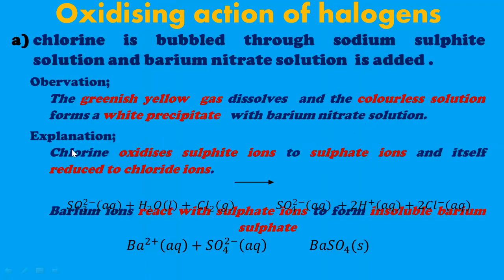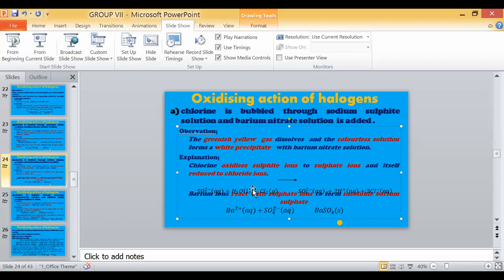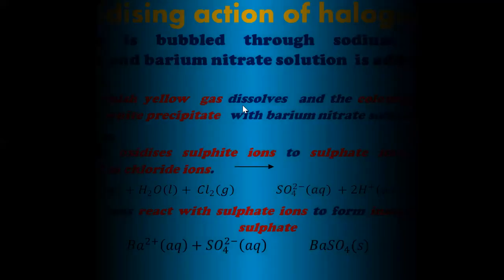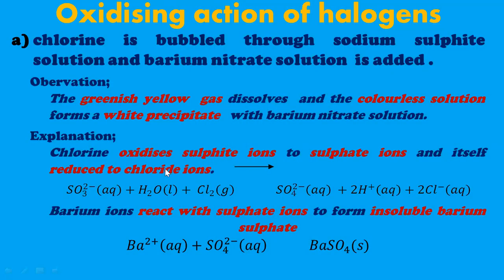So what happens is the explanation here now. Chlorine oxidizes sulfite ions to sulfate ions. So the sulfite ions are oxidized to sulfate ions, and when they are oxidized to sulfate ions, the chlorine itself is reduced to chloride ions.